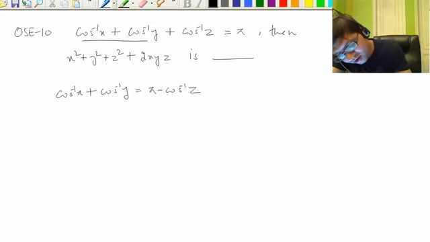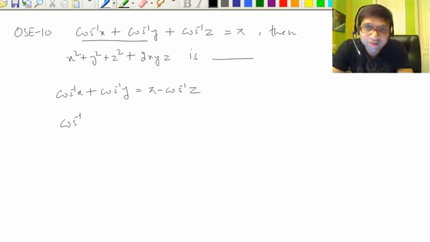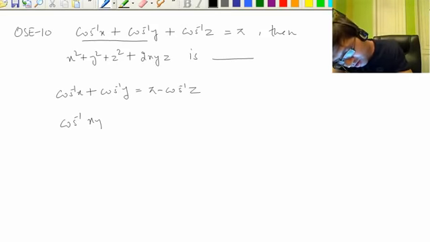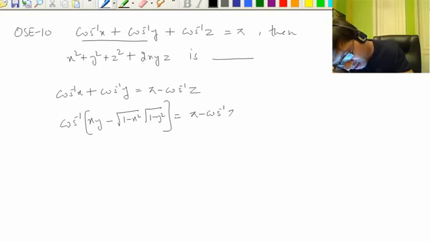Now cos inverse x plus cos inverse y, you apply formula, and don't worry which formula to apply, because in the next step we have to take cos, and if you take cos in next step, it doesn't matter which formula you apply. Cos inverse of xy minus root of 1 minus x square root of 1 minus y square equals to pi minus cos inverse z.